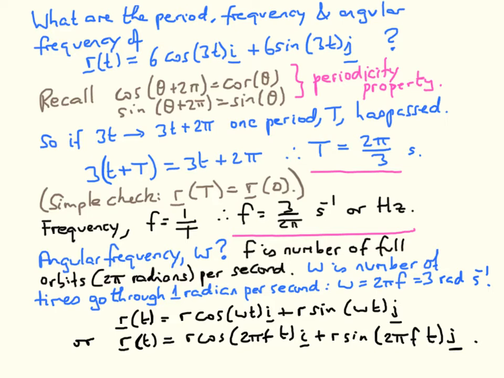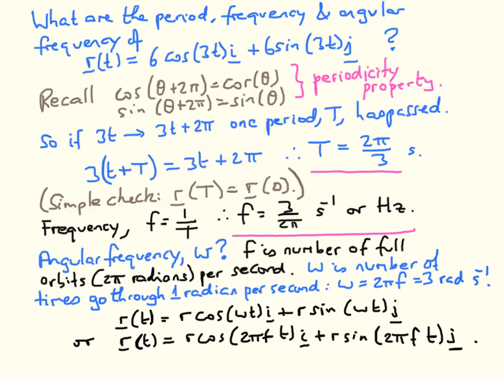So if 3t goes to 3t plus 2 pi, a period of time has passed, and that means that t has increased, little t, from whatever its value was to t plus capital T, the period. So 3t plus capital T is equal to, on this side, 3t plus 2 pi.